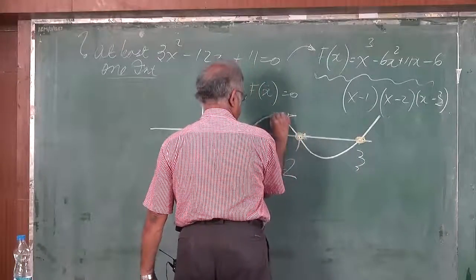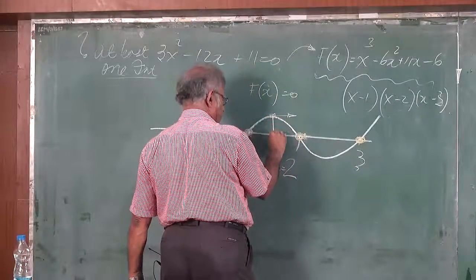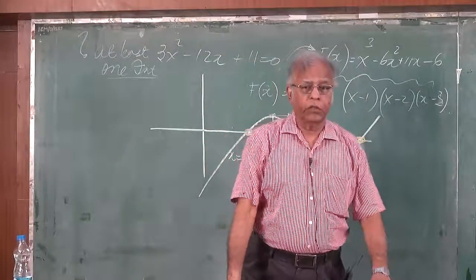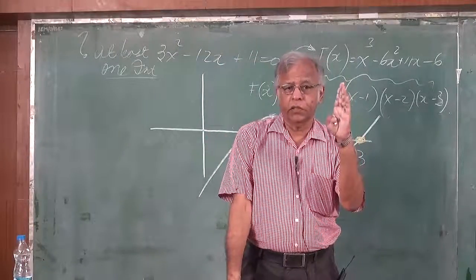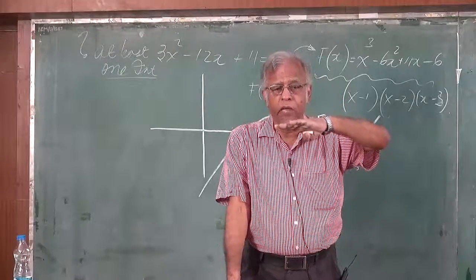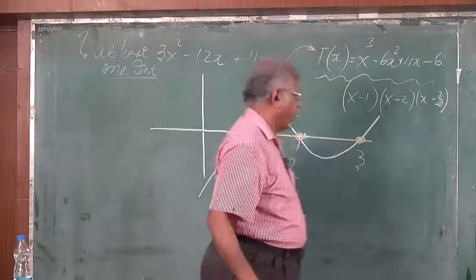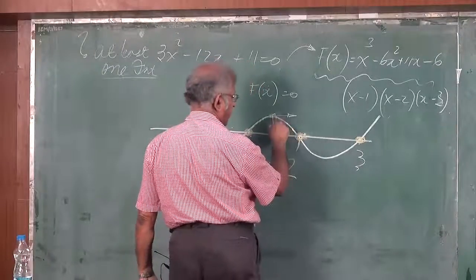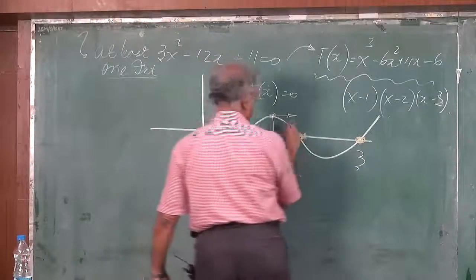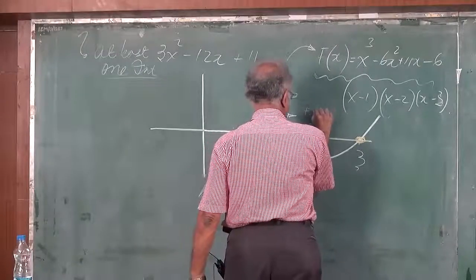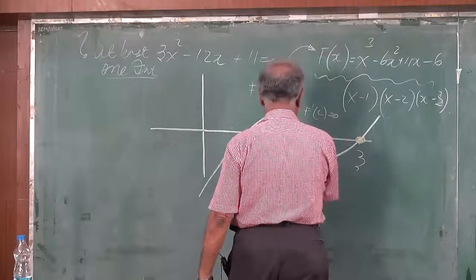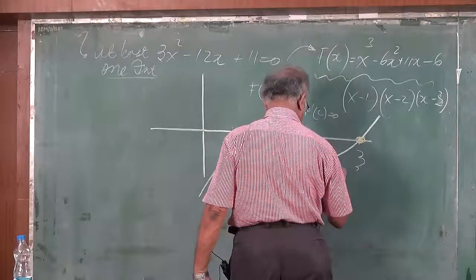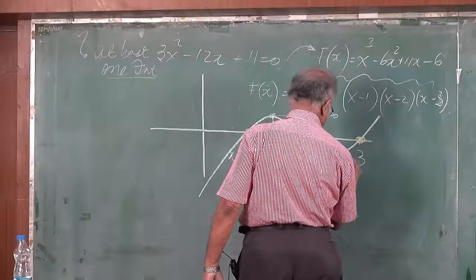That means there must be at least one c between any two roots of a polynomial equation where the tangent will become parallel to the horizontal axis. Now this is slope function becoming 0. So we have f dash c is equal to 0. This is one c1 we can take, and here there is another c2.